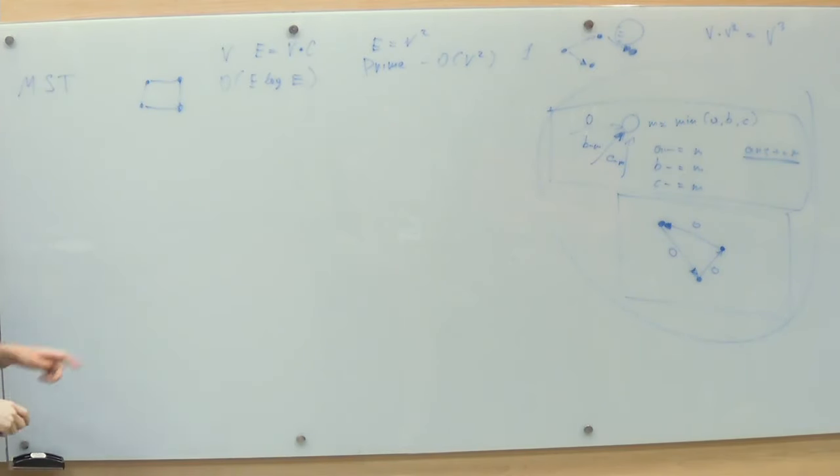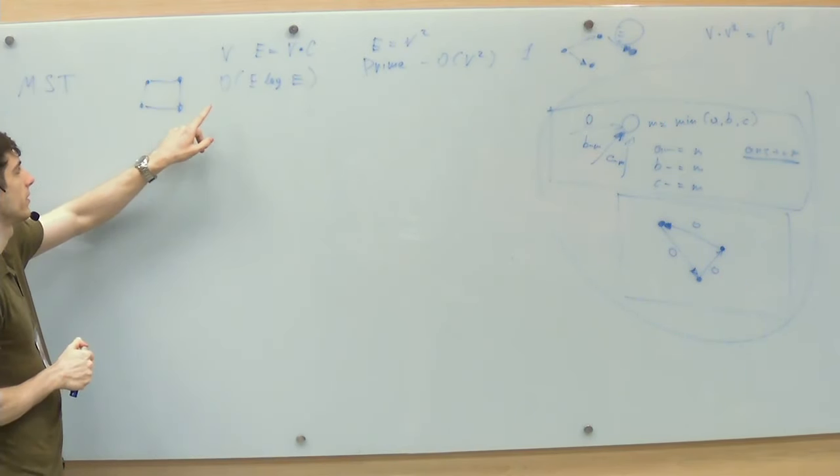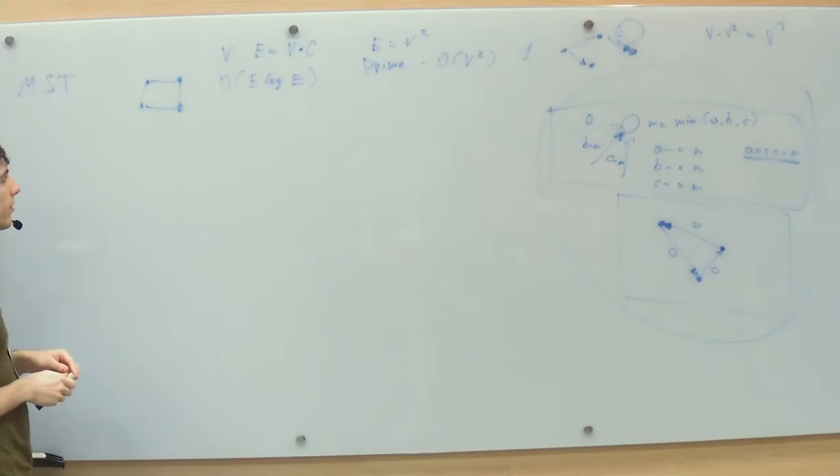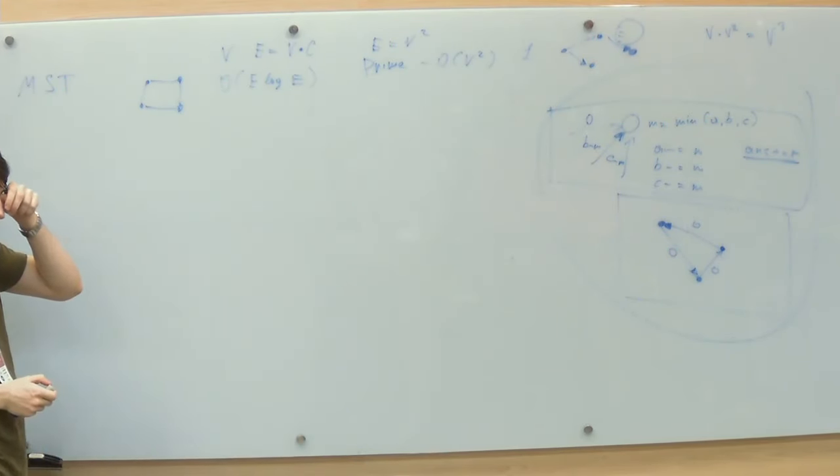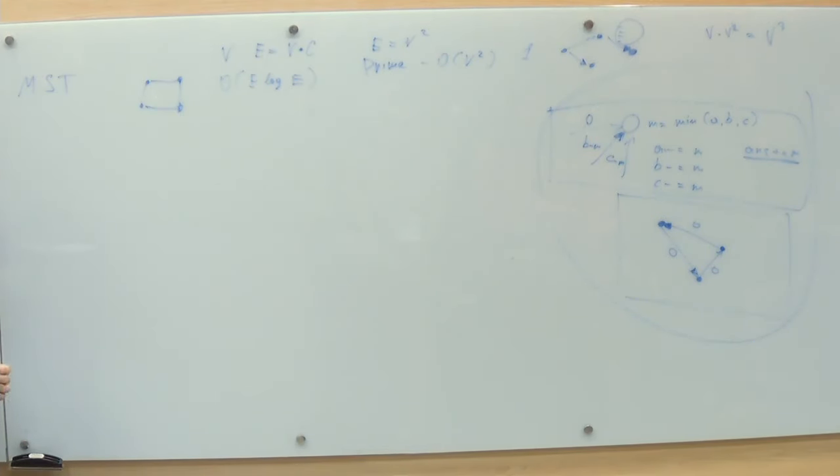But is Kruskal's algorithm asymptotically optimal in the case of the sparse graph? Does anyone know any better approach that has a smaller asymptotics than this? Yeah, Boruvka.